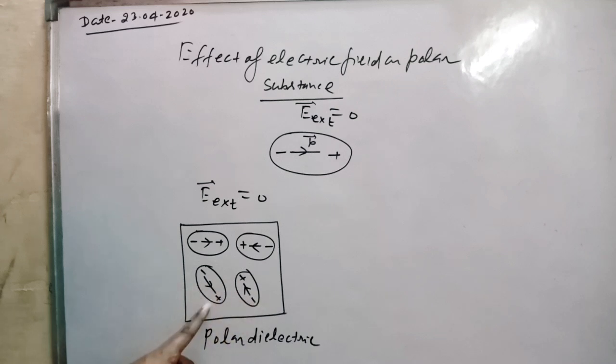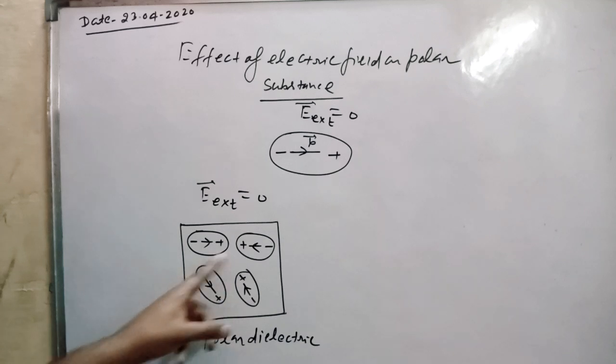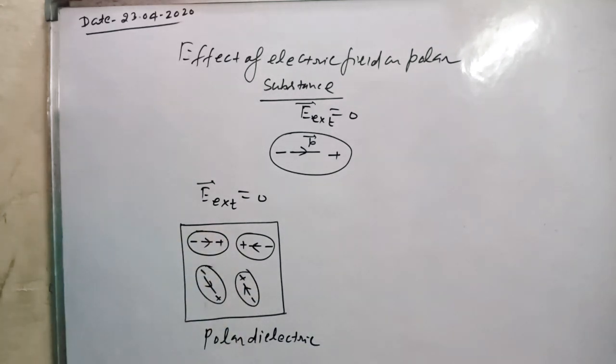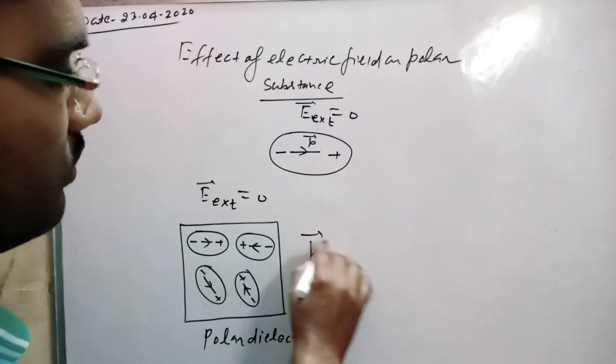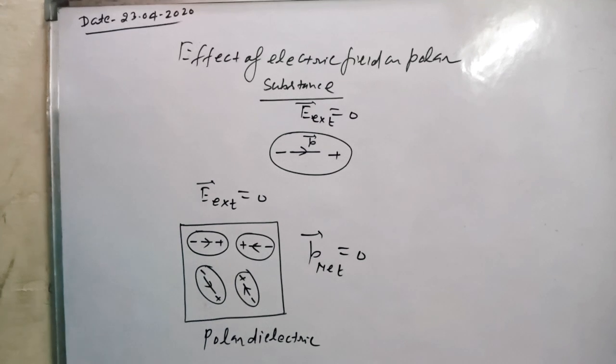These two molecules give dipole moments opposite to each other, that means they cancel each other. That means in this case the net dipole moment is equal to 0. That means in the absence of an electric field, the net dipole moment of a polar dielectric is 0.